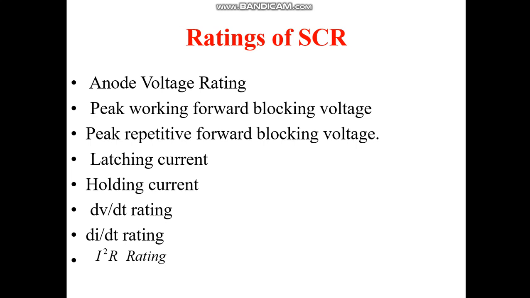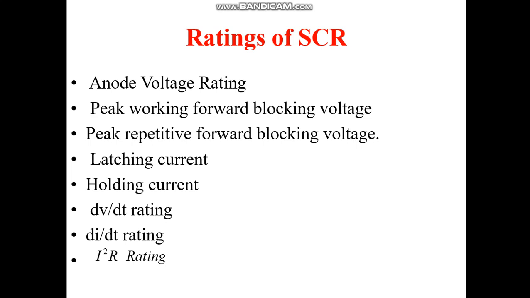Anode voltage rating, peak working forward blocking voltage, peak repetitive forward blocking voltage, latching current, holding current, dv by dt rating, di by dt rating, I square t rating. These are the important ratings or parameters of an SCR, and these are specified in the datasheet at the time of manufacturing. So why do we need these ratings?